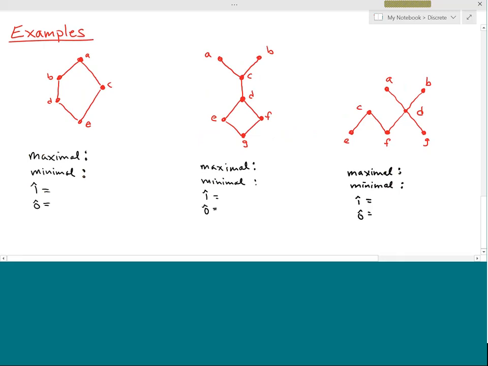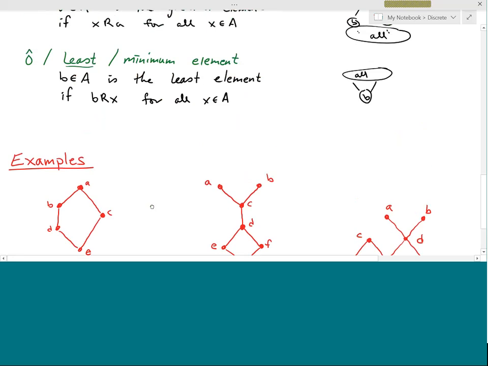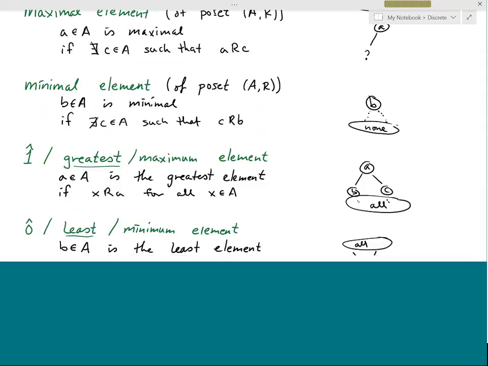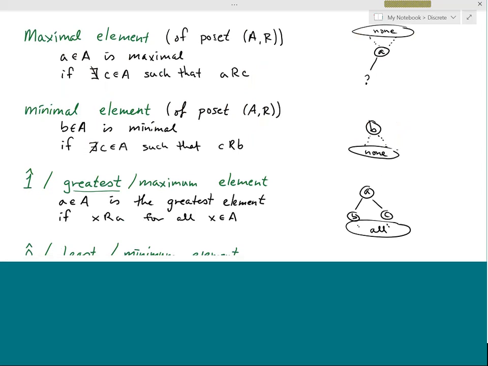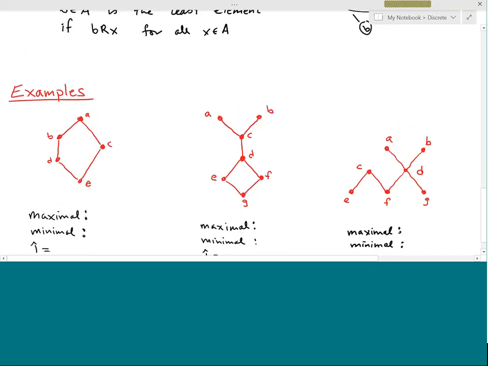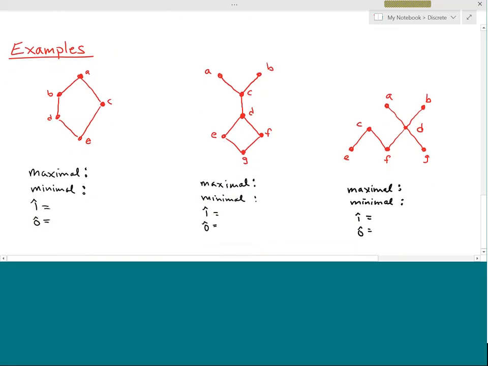Don't worry, I can wait. Think about what you were thinking when we say maximal. Maximal elements is the element where you can't go any further up in the Hasse diagram. So key thing with maximal element, you can't go any further up. So yep, A would be a maximal element of the very first Hasse diagram.